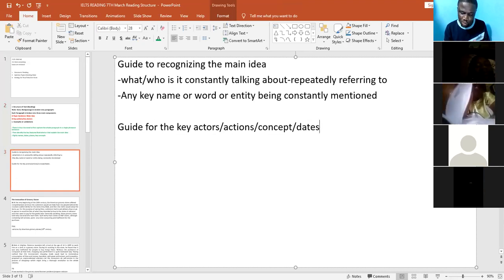Those are the things you need to highlight, because names and terminology matter. But the thing you are looking for is what's the key action and what's the key actor. Every other thing that is mentioned, you need to highlight in the paragraph.